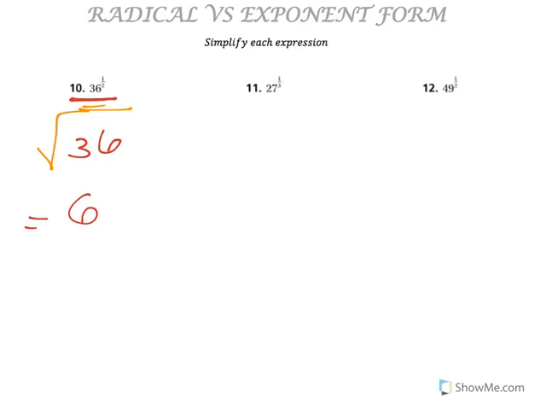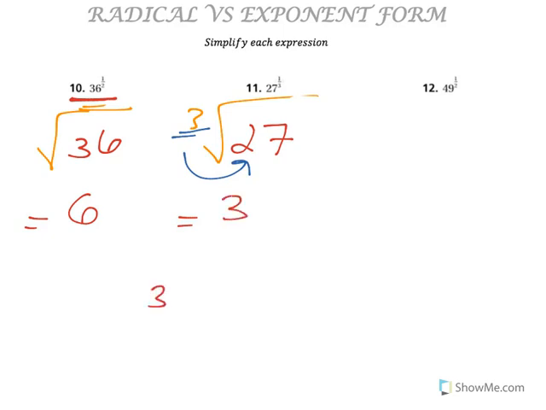And then you move forward, 27 to the power third. So it can be written like this, 27 to the power 1 over 3. But also you don't need to write to the power 1, so we can erase that. And the answer to this question will be, what number you multiply by itself 3 times to get 27. And the answer is 3, because 3 times 3 times 3 is 27.